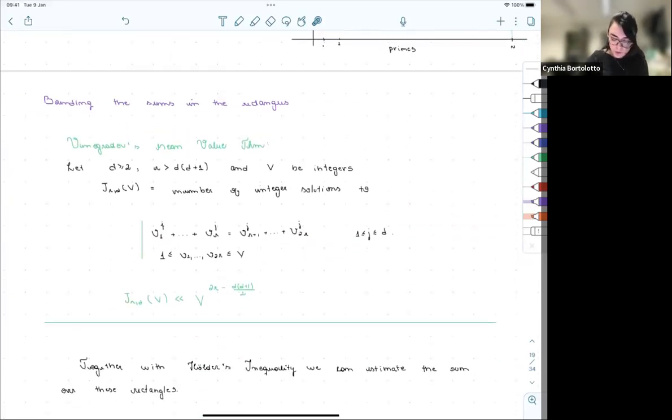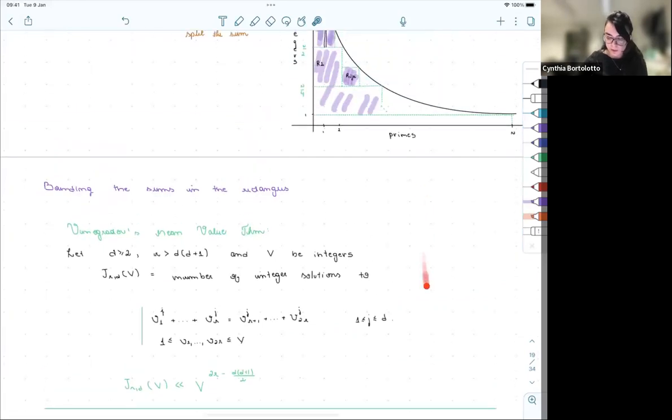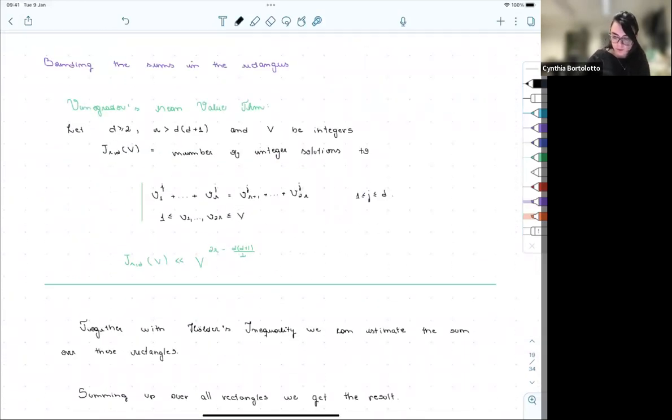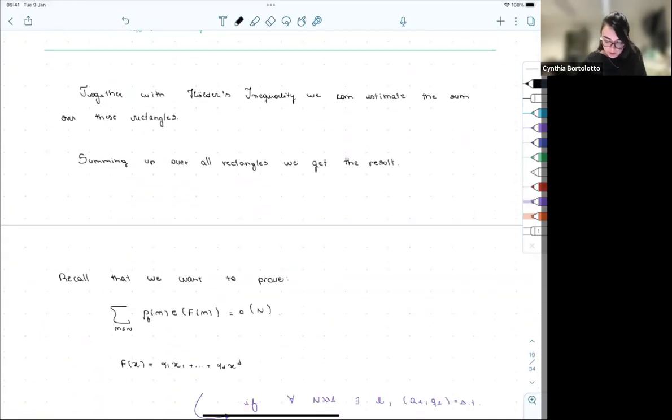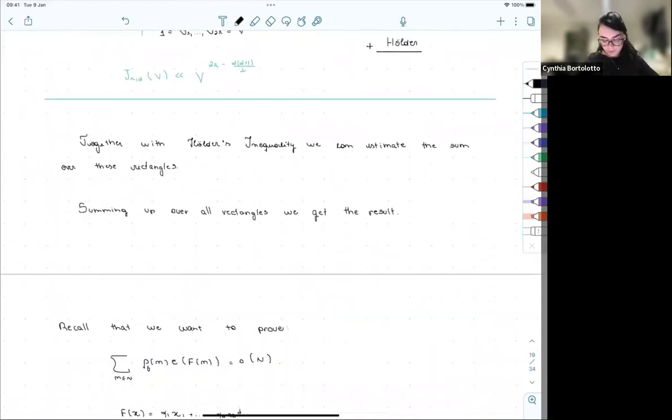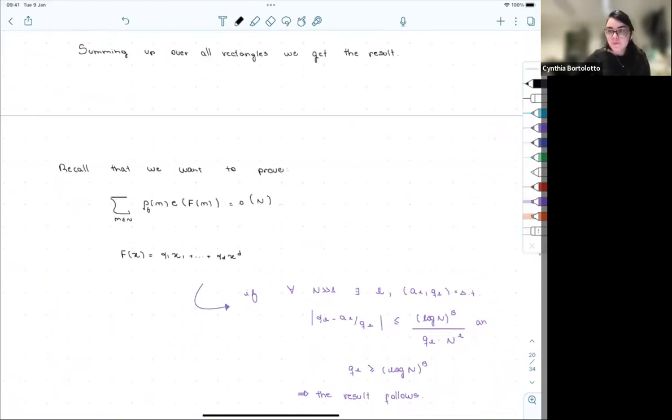Using this, we can analyze the sum in the rectangles, plus a lot of Hölder. Summing up and estimating, basically we get this first result.